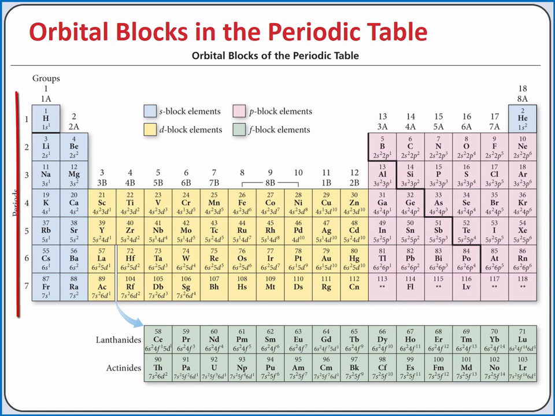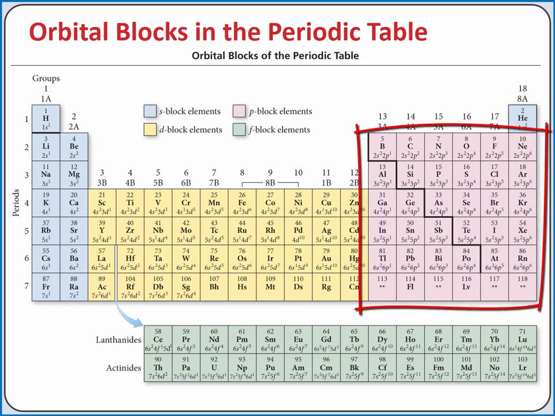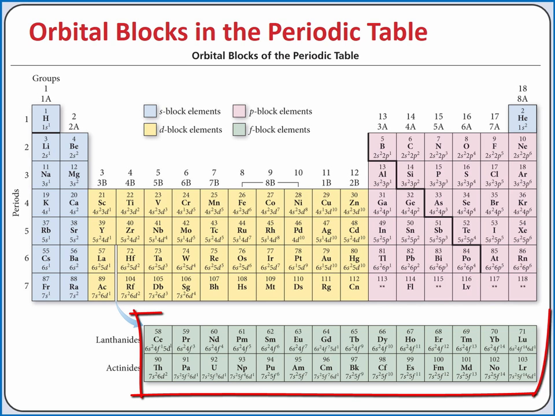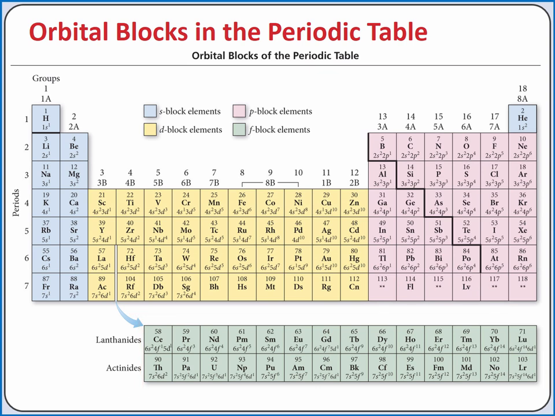In our first 2 columns, with helium included, we're filling our s subshells. In the last 6 columns, we're filling our p subshells. In our transition metals, we're filling our d subshells. And in our inner transition metals, we're filling our f subshells. We'll use this pattern to create electron configurations from the periodic table.